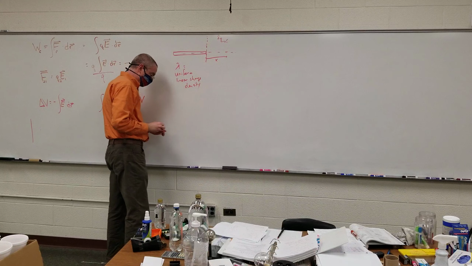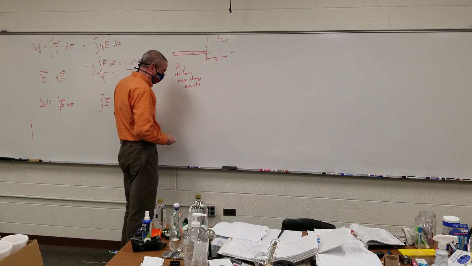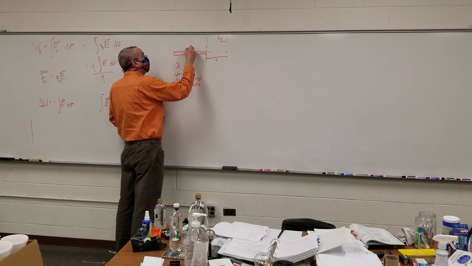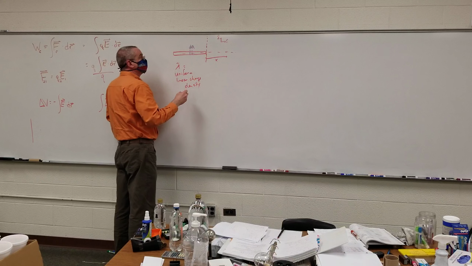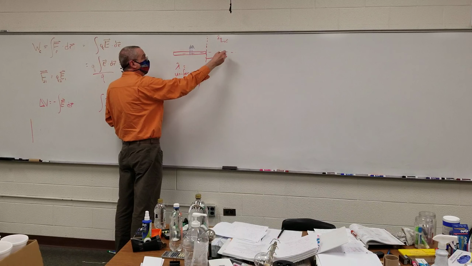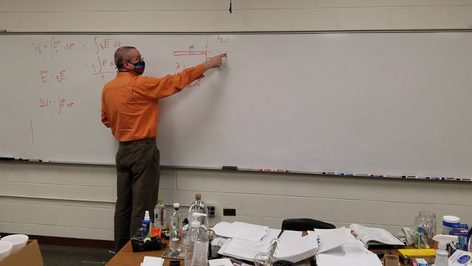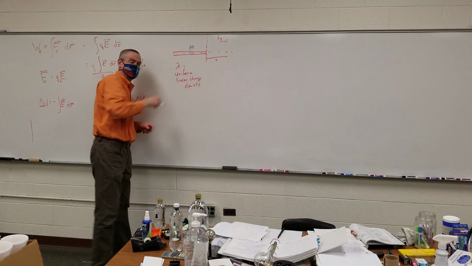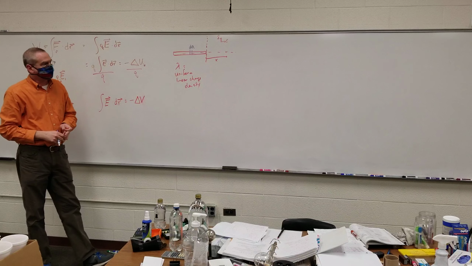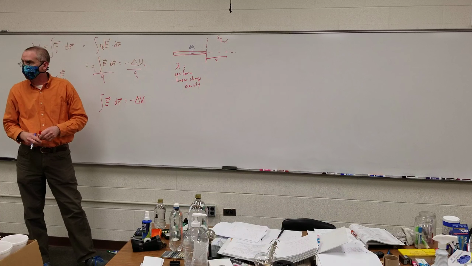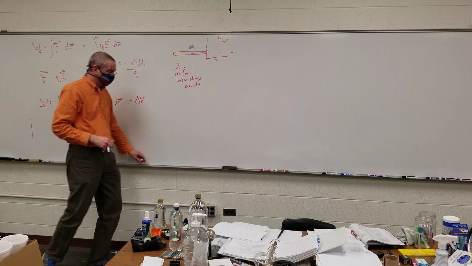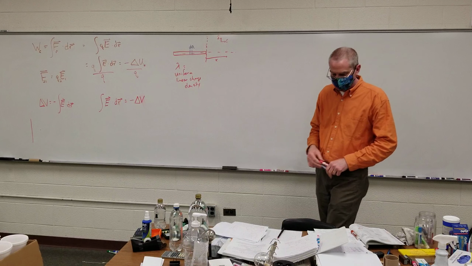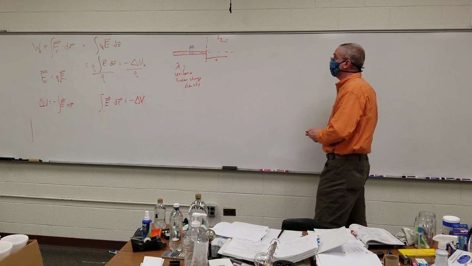With a charge distribution, I need to come up with some differential dq here, and figure out what is the electric field or potential, whichever one I'm trying to solve for, at this point because of this differential. And then add up the infinite number of infinitesimally small charges, in other words, integrate. I don't have to come up with any temporary angles here, which is nice.